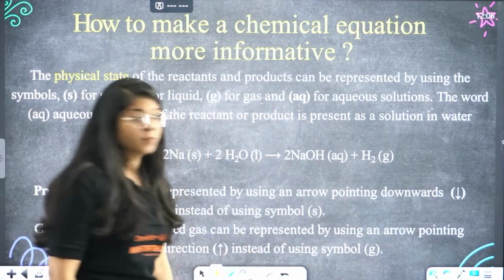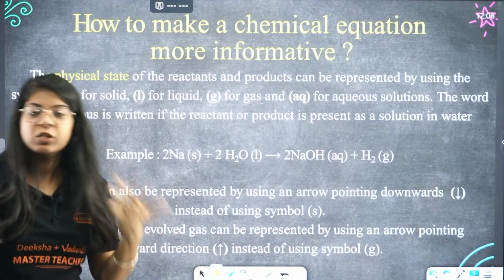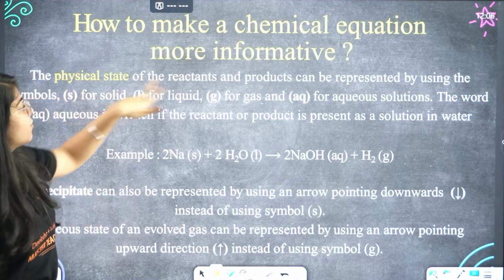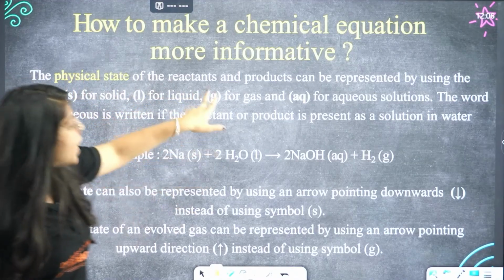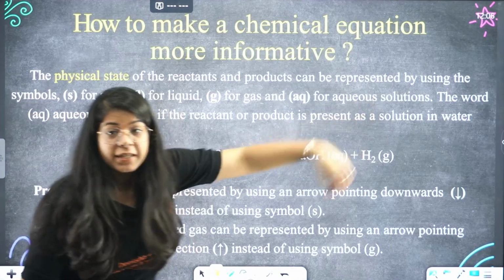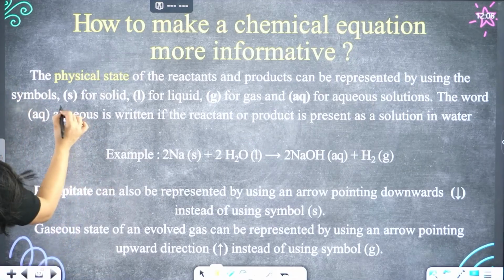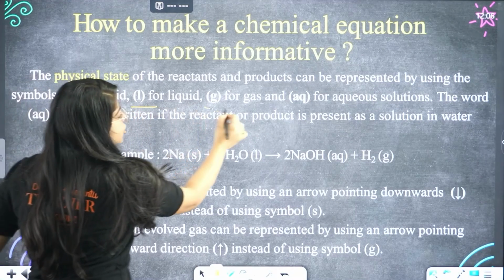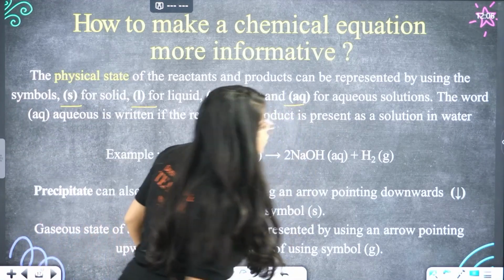Understood? With these brackets we specify the physical state of the reactants and products, using symbols like S for solid, L for liquid, G for gas, AQ for aqueous solutions.